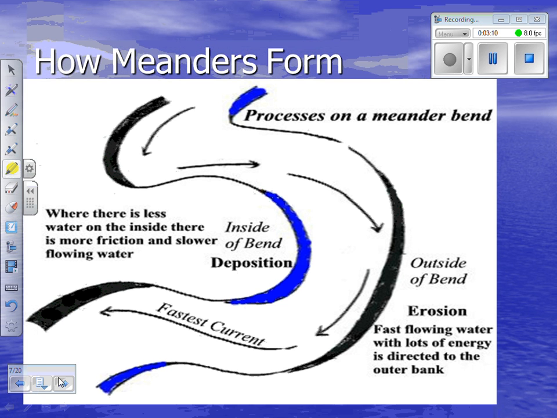This graphic illustrates how meanders form. On a meander bend, there's less water on the inside, there's more friction and slower flowing water. And as I said, the deposition will normally occur on the inside. It's depicted here. Then on the outside, this is where you're going to get faster flowing water.